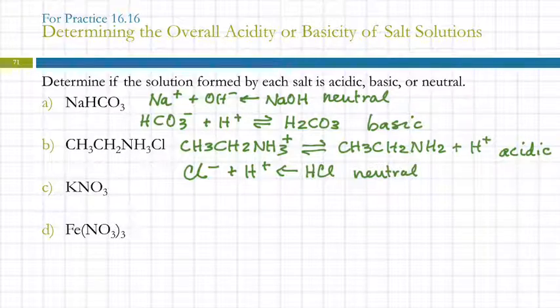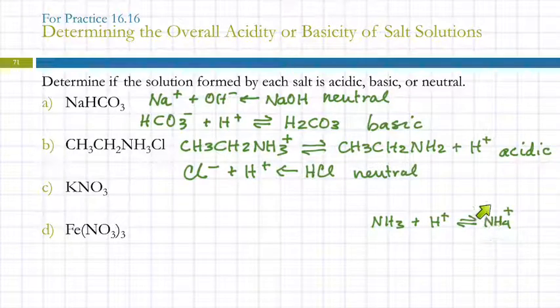That's a great question. So we're used to seeing NH3 plus H plus going to NH4 plus, right? That's what we're familiar with. So this one is a little different because instead of this being NH4, one of those H's is this guy. This is subbing in for one of the H's.